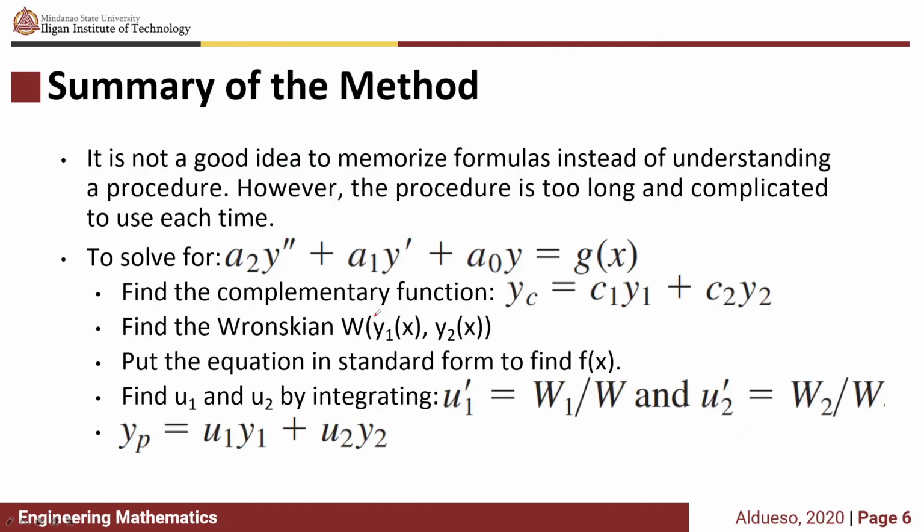So summarizing the method of variation of parameters. It is not a good idea to memorize formulas, but instead we need to understand the procedure. However, the procedure is too long and complicated to use each time.